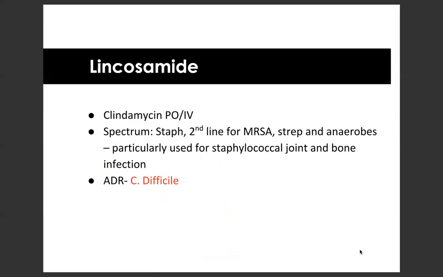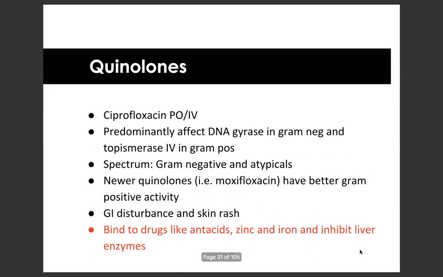Another antibiotic you should be aware of is clindamycin, which is a lincosamide, and the main adverse reaction is C. difficile, which presents as profuse watery diarrhea after antibiotic usage. Another class would be quinolone, so ciprofloxacin is a common one, good for gram-negatives, but it has a lot of drug-drug interactions.